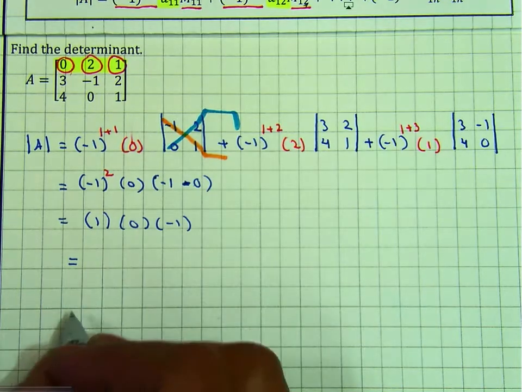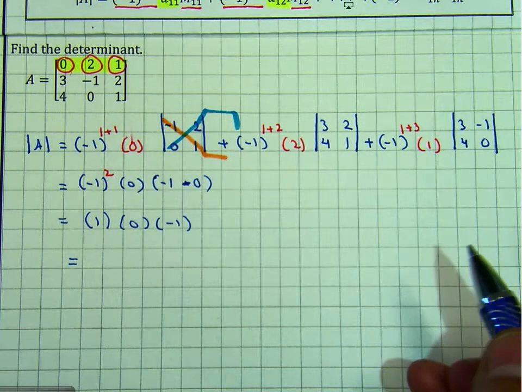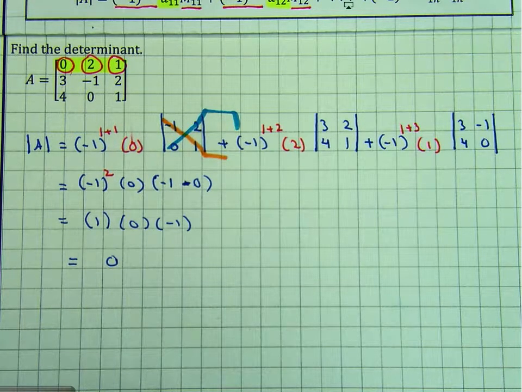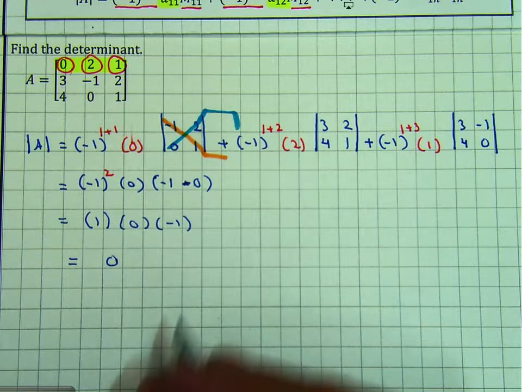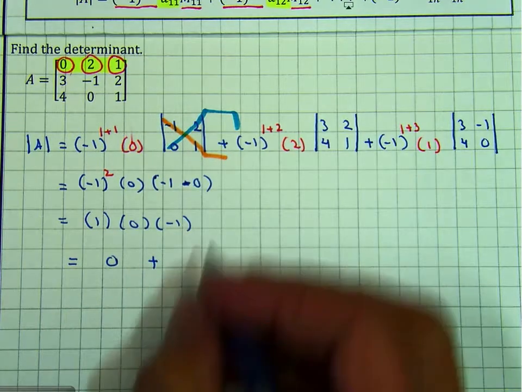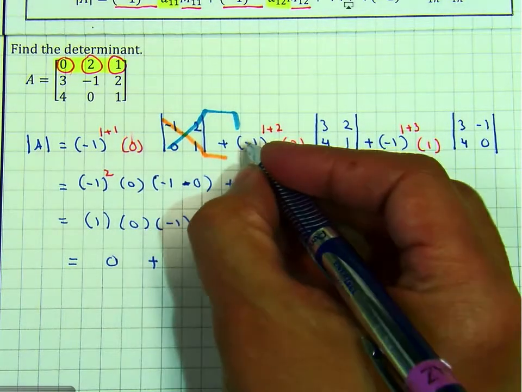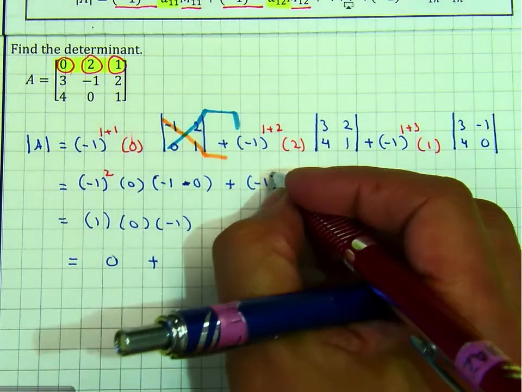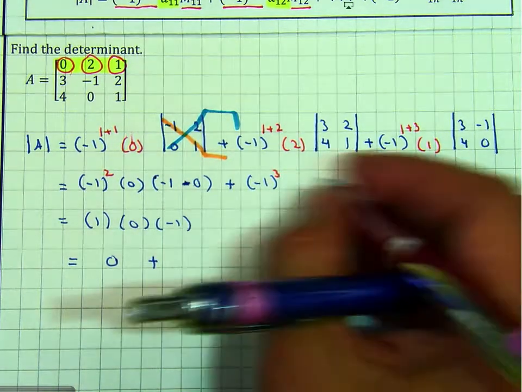So therefore the first is 0 plus. Now let's simplify the next one. -1 to the third power. Then we have a 2.